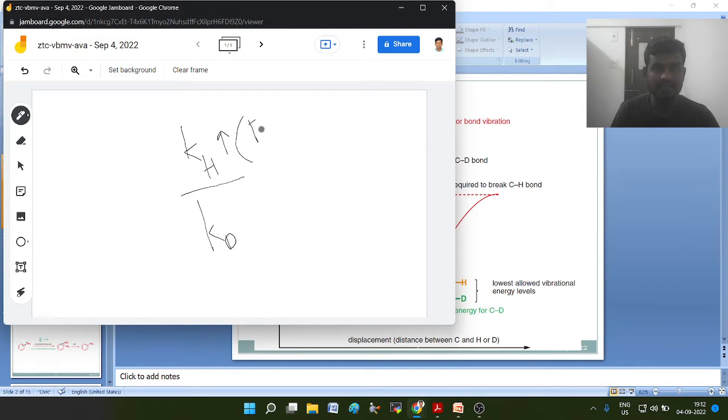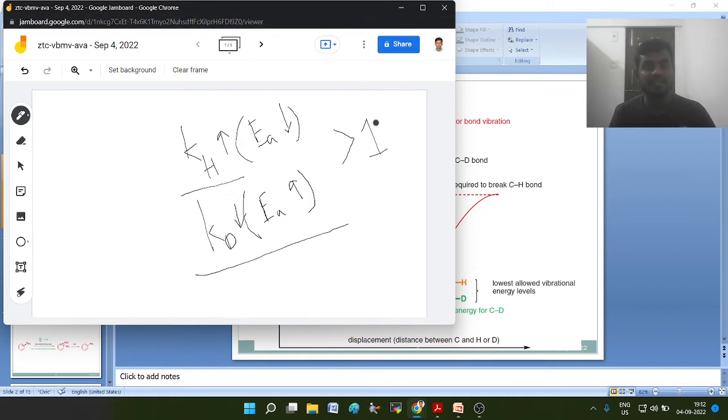This is a very basic introduction, you can follow it anywhere. So when activation energy is low, the rate is higher, and when activation energy is high, the rate is lower. This is the simple equation. So the effect is that the ratio Kh by Kd is greater than 1. This is what is typically known as the kinetic isotope effect.